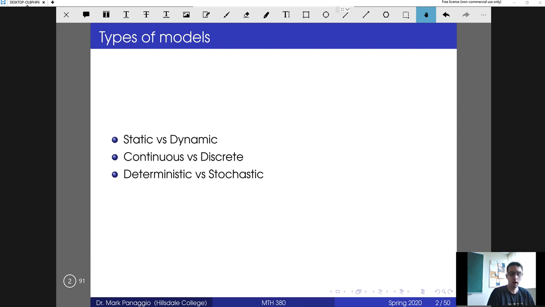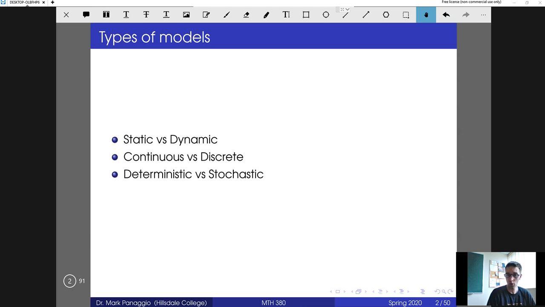All right. The last distinction we want to make here is between models that are deterministic and models that are stochastic. So in a deterministic model, once you know the initial state of the system and you know the rules that govern the changes in the system, you can determine exactly what's going to happen in the future. In a stochastic model, we incorporate some sort of randomness. So maybe the amount that different quantities are going to change is going to be a random variable. Maybe some of the parameters of the model will be random.